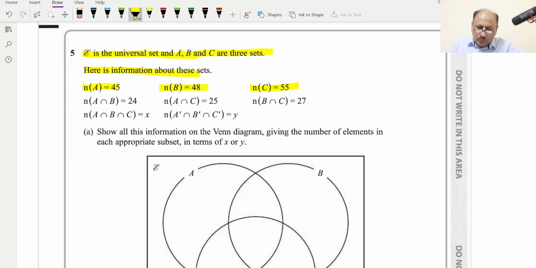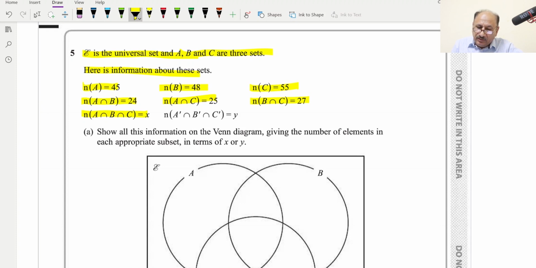We have to consider these. N of A intersection B is 24, N of A intersection C is 25, and N of B intersection C is 27. And N of A intersection B intersection C will be equal to X. So members in A intersection B intersection C will be X.